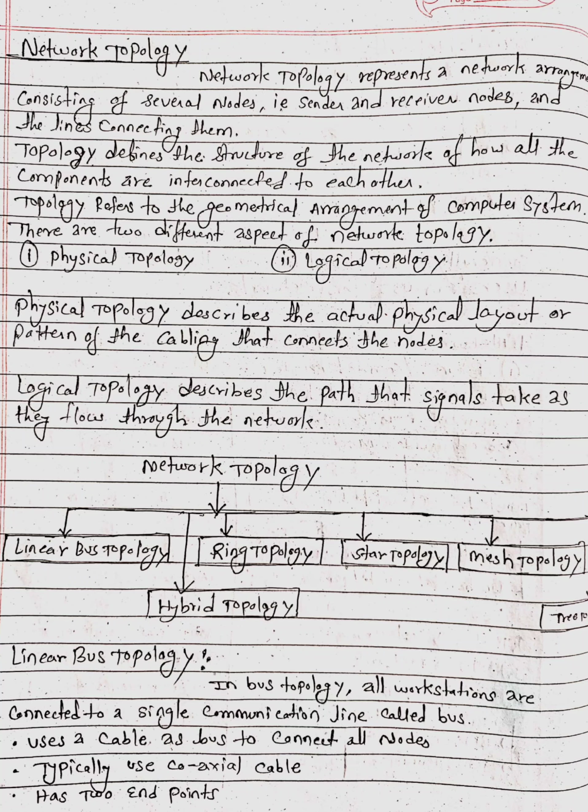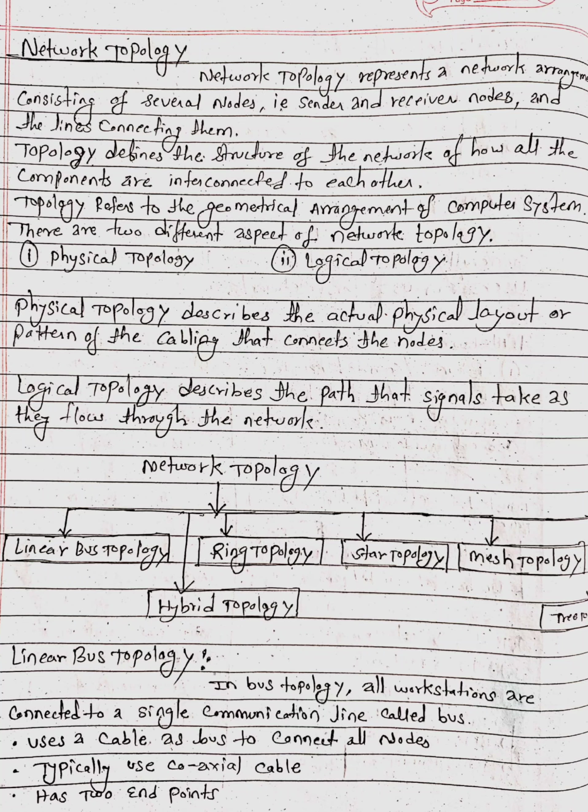There are two different aspects of network topology: physical topology and logical topology. Physical topology describes the actual physical layout or the pattern of the cabling that connects the nodes. Logical topology describes the path that signals take as they flow through the network.